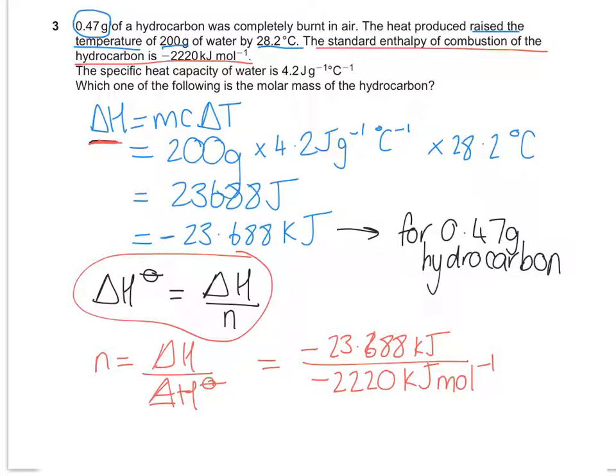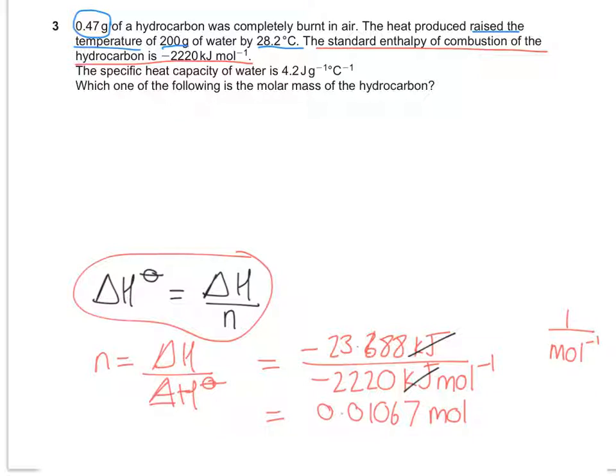So we can see that on the bottom half of the equation we've got moles to the minus 1, and these kilojoules are going to cancel out, and so we can see that our units work out as mole, because we've essentially got 1 over mole to the minus 1, which corresponds to mole to the power 1, which is just mole. Putting that into the calculator, we get that the number of moles of our hydrocarbon is 0.01067 moles.